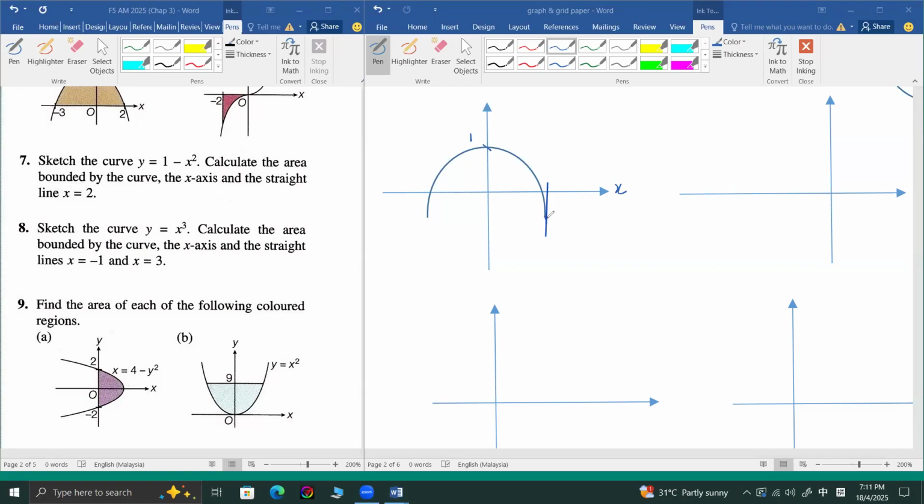So let's sketch it. I repeat now. The curve, x-axis, and this one. So we got this part and here. Okay, I make another sketch of that.